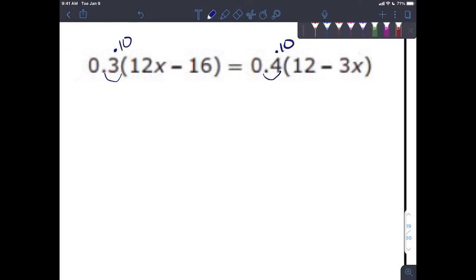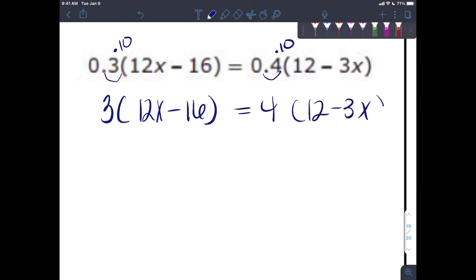Remembering that by multiplying this coefficient, I'm also multiplying everything on the inside, but I don't have to do that. I have to do one or the other, okay? Just like a greatest common factor. So this becomes a 3. This becomes a 4. And now I can go ahead and start solving this.